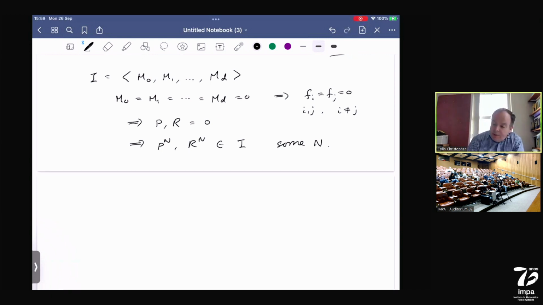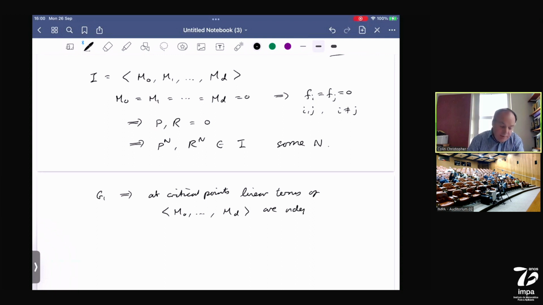Okay, but we have something else, because my condition G1 actually implies that at each critical point the linear terms of the ideal generated by M0 to MD are independent.